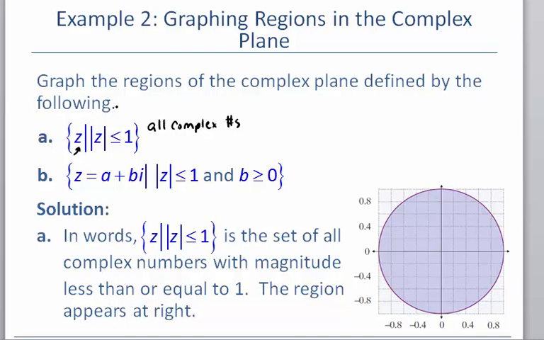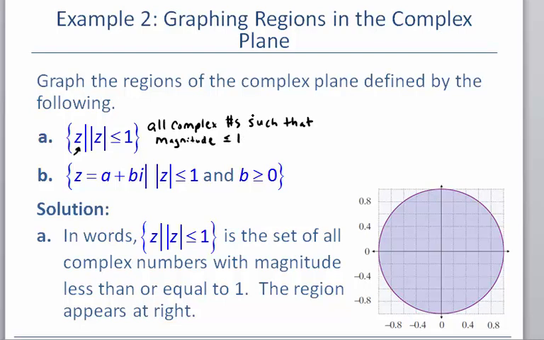This line we read as such that. Remember that the absolute value symbol around the z references the magnitude, so such that the magnitude is less than or equal to 1.